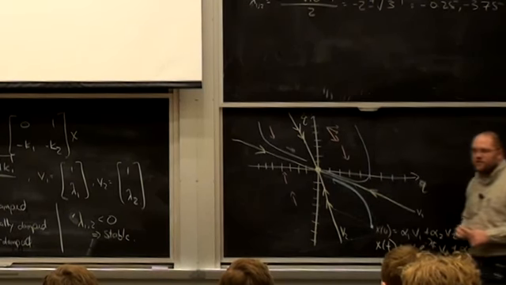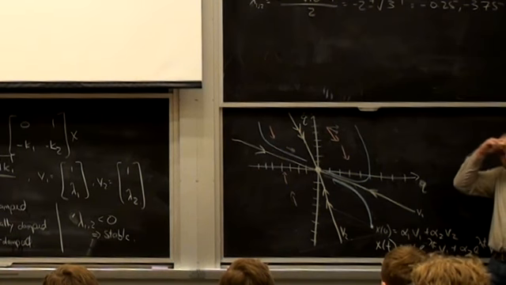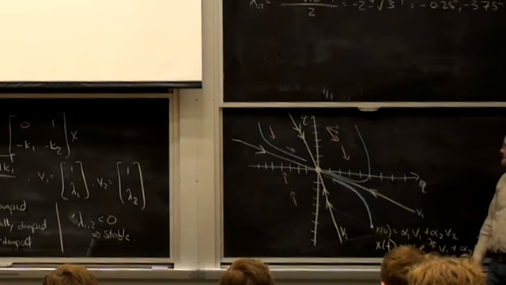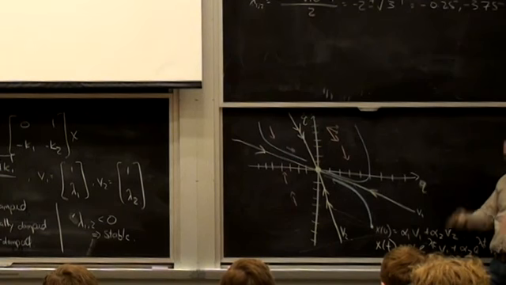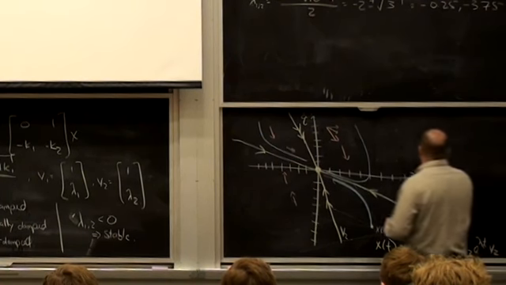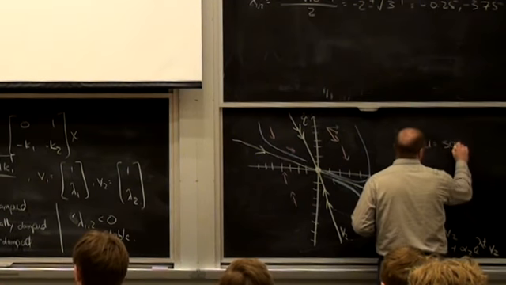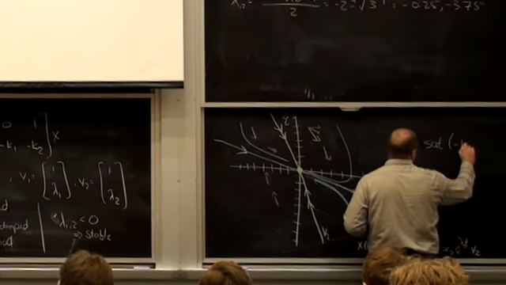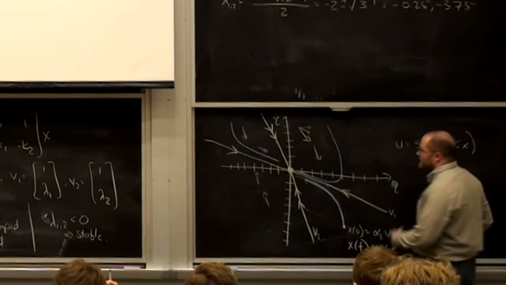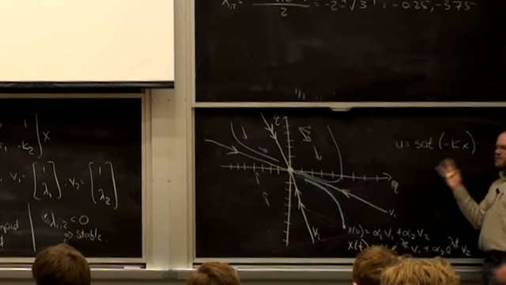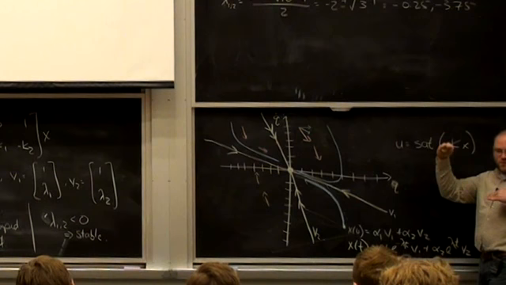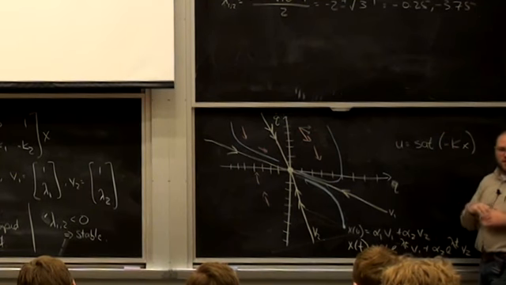Okay, so what's that going to do to your system? If I just ran the policy U equals some saturation on negative Kx, I took my same linear feedback controller, and I just said, if it's greater than 1, it's 1. If it's less than negative 1, it's negative 1.